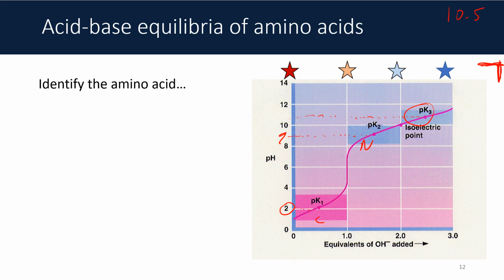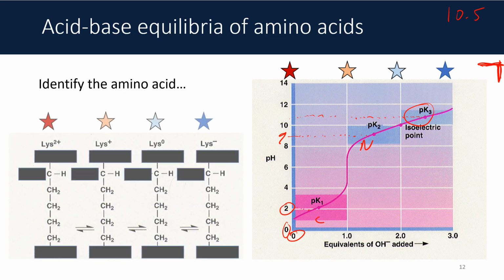Now I want you to pause and draw out lysine and predict what you think the charge and protonation state would be of all 3 protonatable groups at the beginning of this experiment, where the pH is really low and we haven't added much, if any, sodium hydroxide yet.